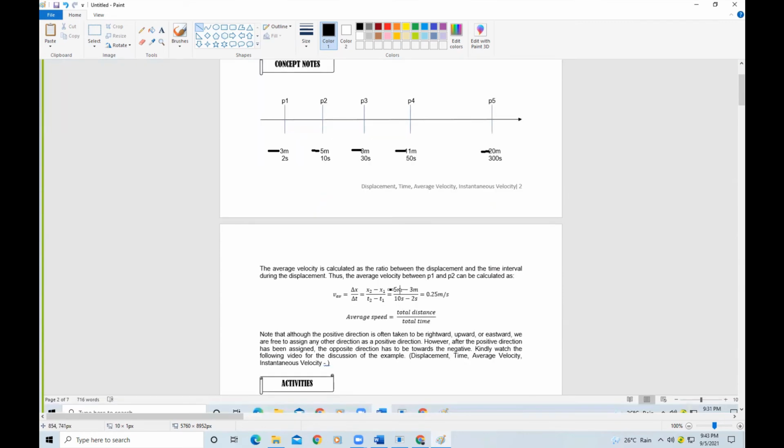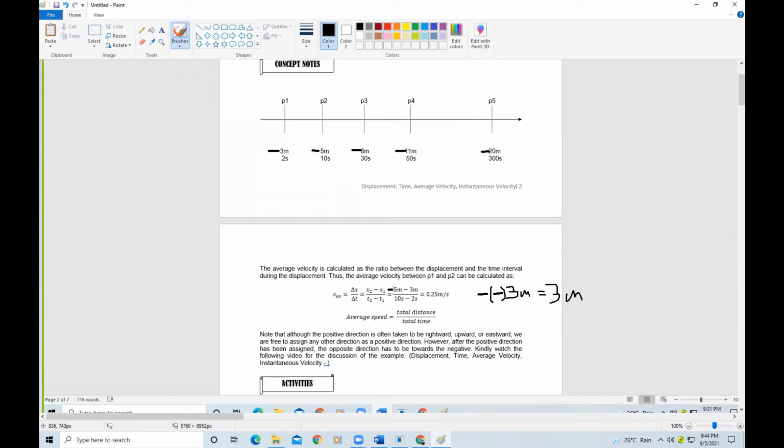So for this one, we have negative 5m minus negative 3m. Negative times negative is positive, so this is also equal to 3m.